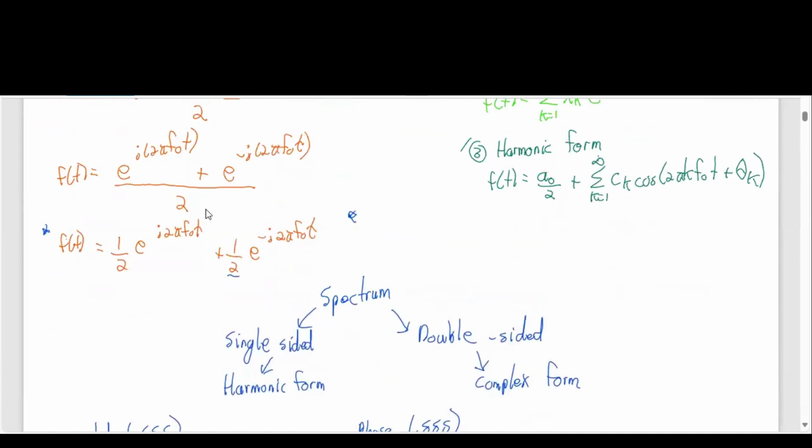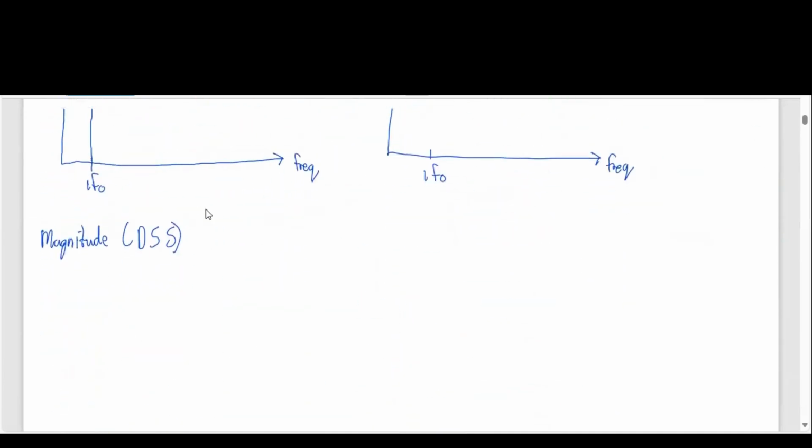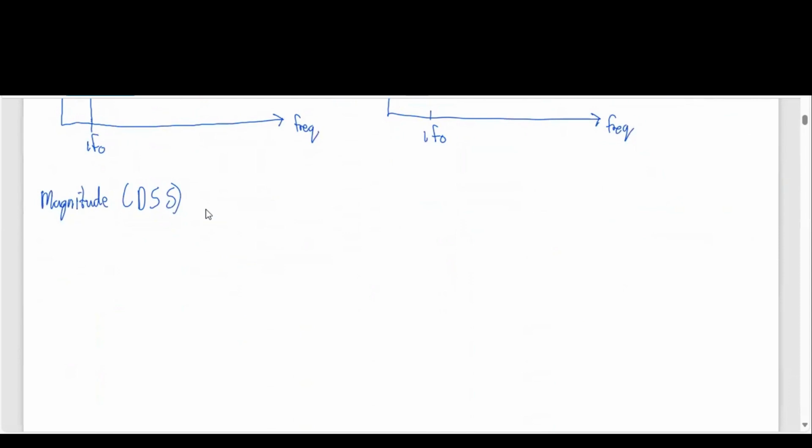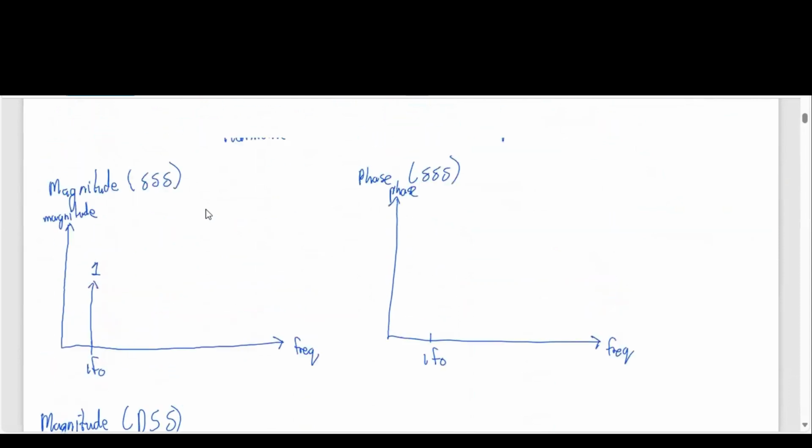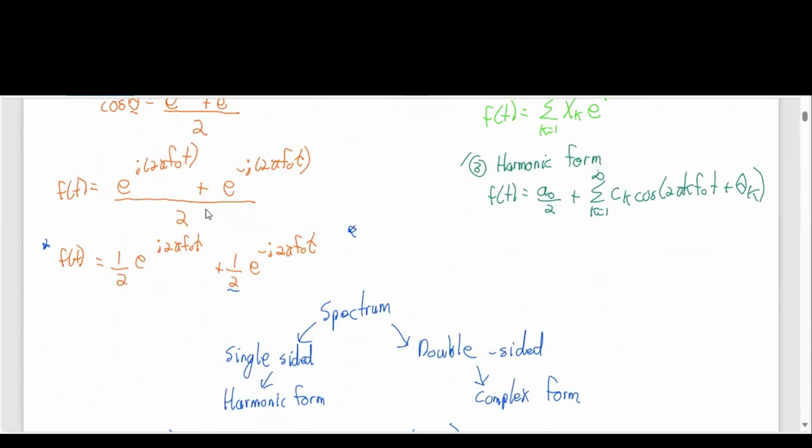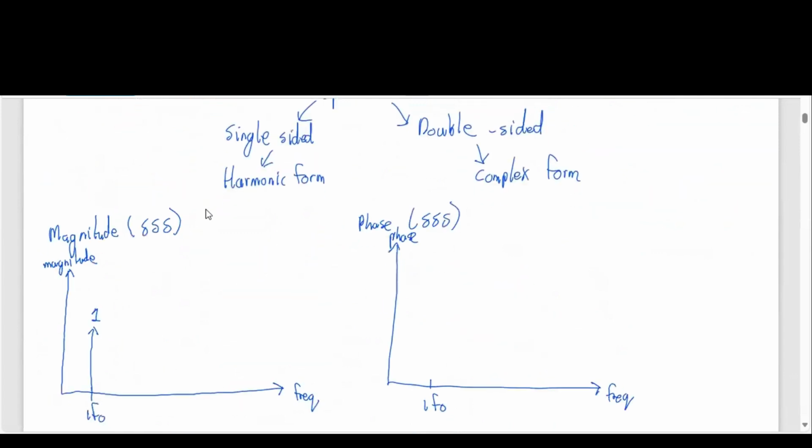We have the same thing, but now it's double-sided. Where we get the double-sided from is that this term is one F naught, and for this term, because of the minus, it'll be minus F naught. So you end up with the frequencies going in a positive and in a negative direction. Hence where they get the double-sided from.